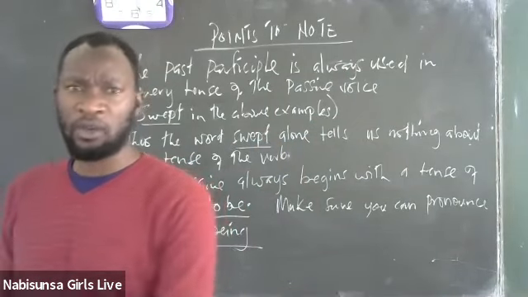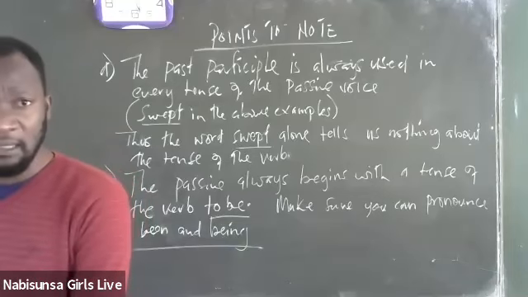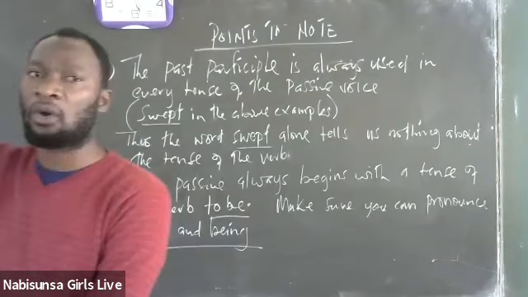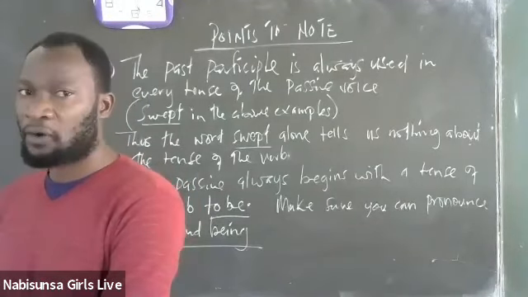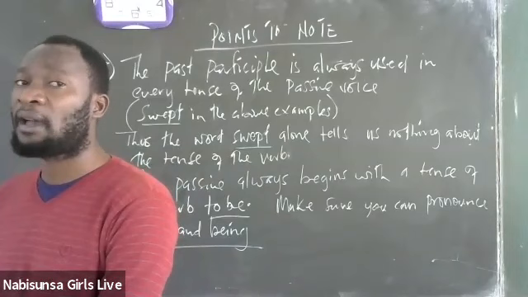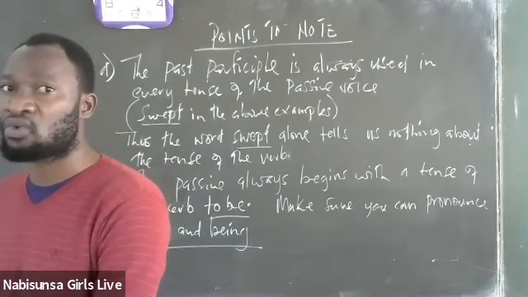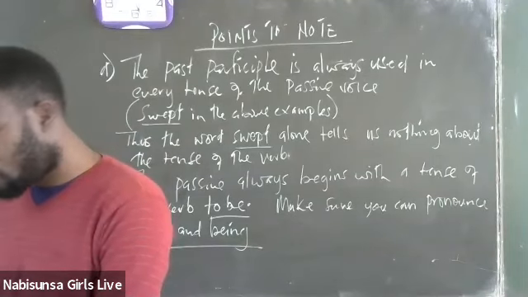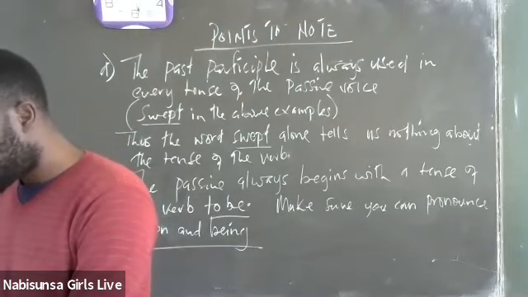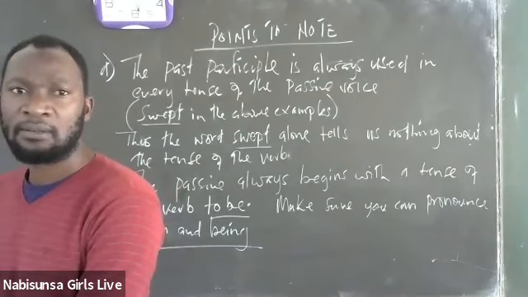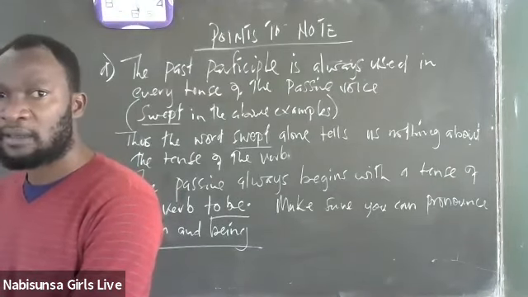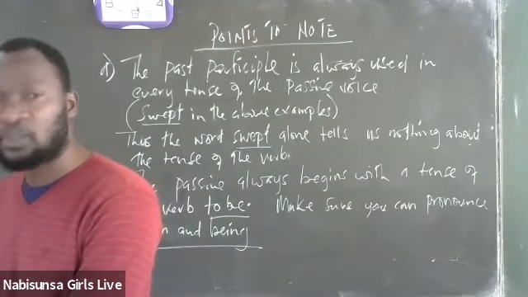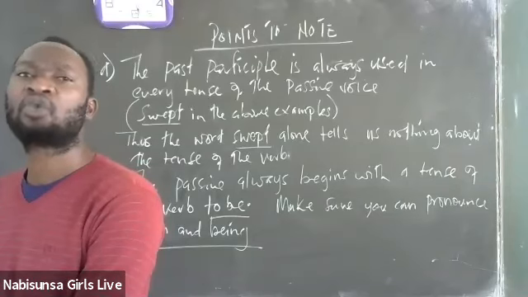All right. So when you look at that passive column, at the verbs here, we shall see that it is true that in every tense of the passive voice, we use the past participle. Here it goes. In the first row, present continuous, being swept.